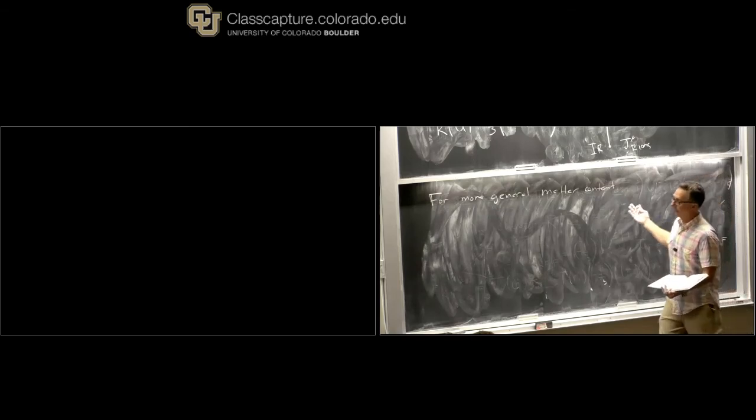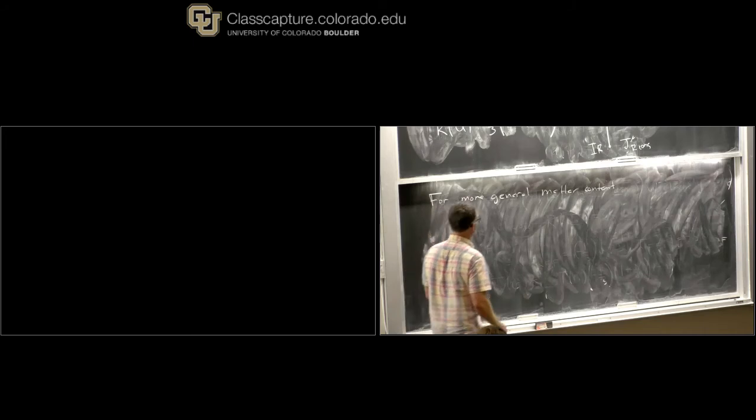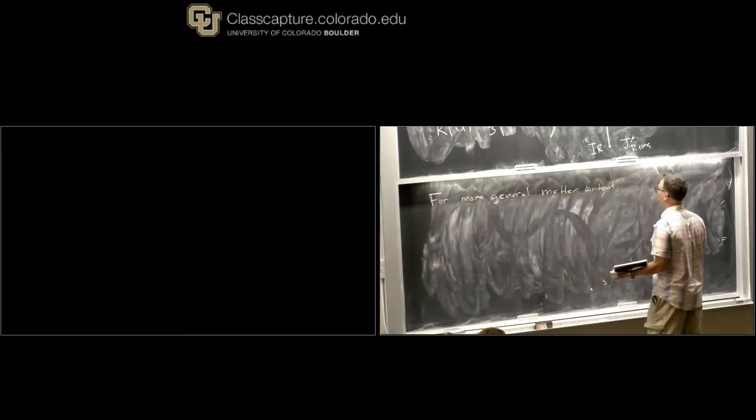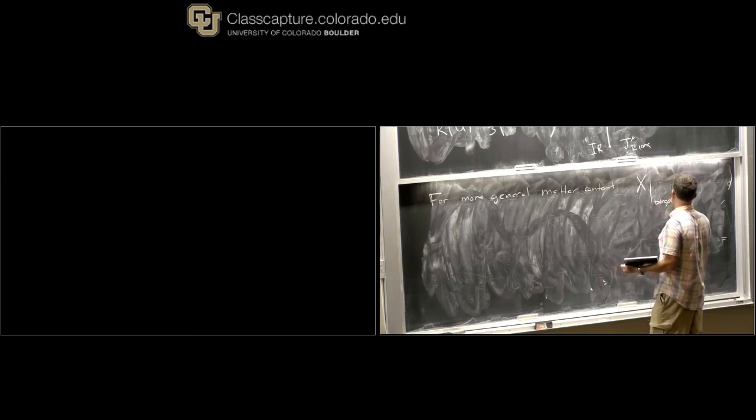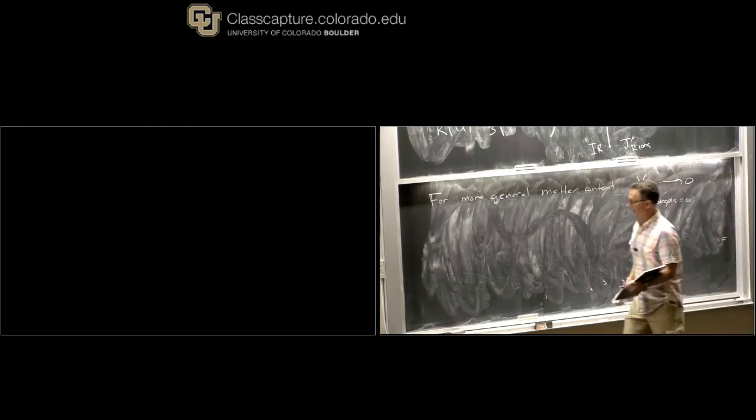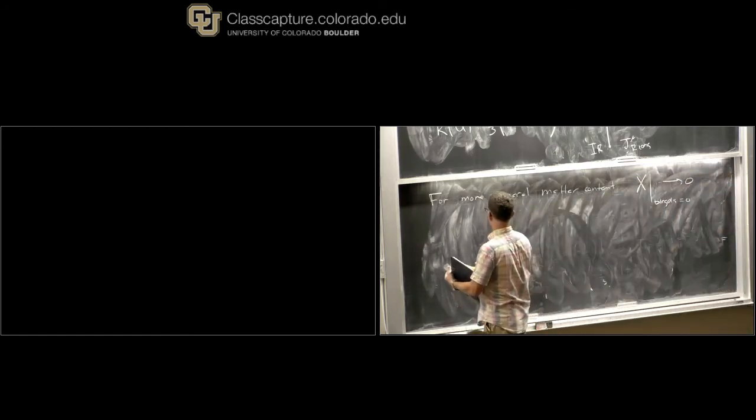Our condition for conformal field theory is that X, when we turn all backgrounds to 0, should be 0. And that tells us that the R symmetry has to be anomaly free.